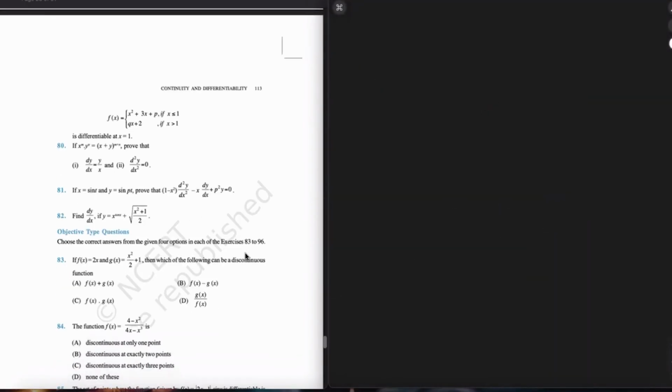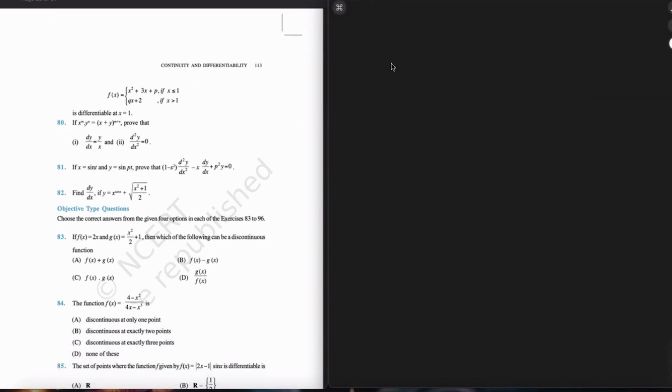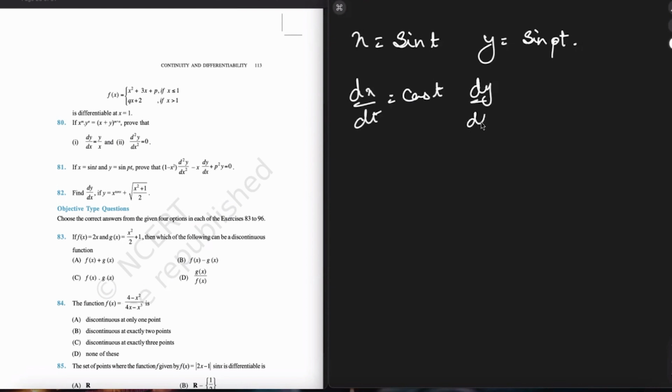Now question number 81. If x is equal to sin t, y is equal to sin pt, then we have to prove something. dx upon dt will be cos t, dy upon dt will be p times cos pt.